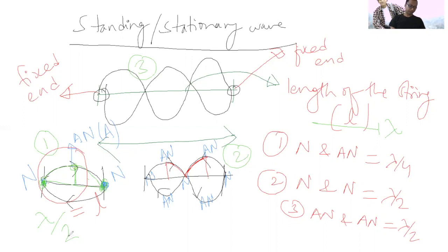So the wavelength is 2 times the length of the wire in the first segment, or first case, of the standing wave. So in the first segment of the stationary wave, the wavelength is going to be twice the length of the string used in the formation of the standing or stationary wave.